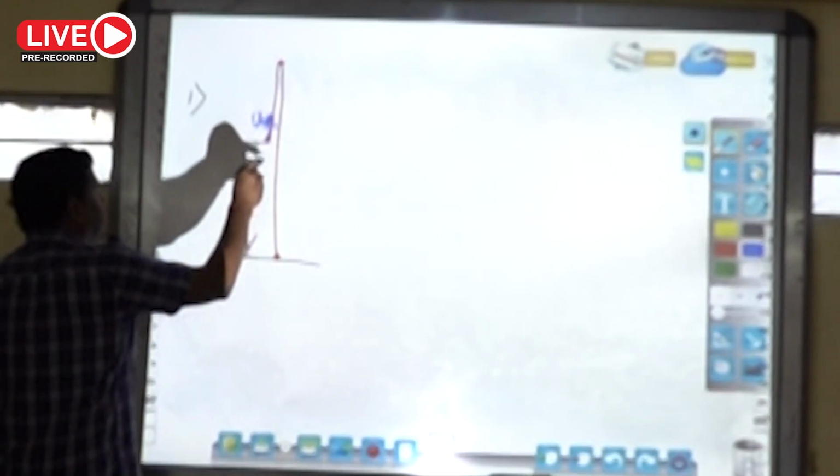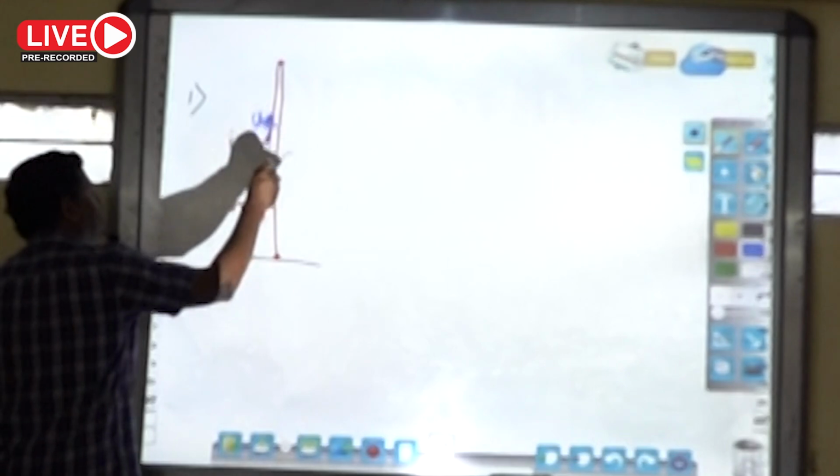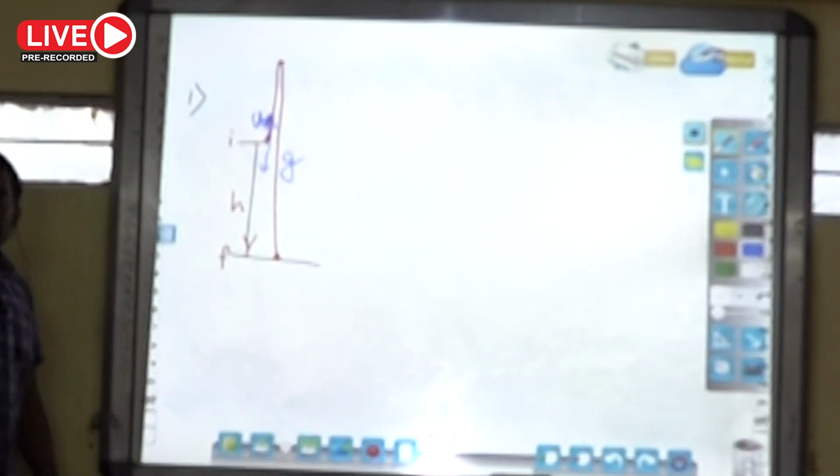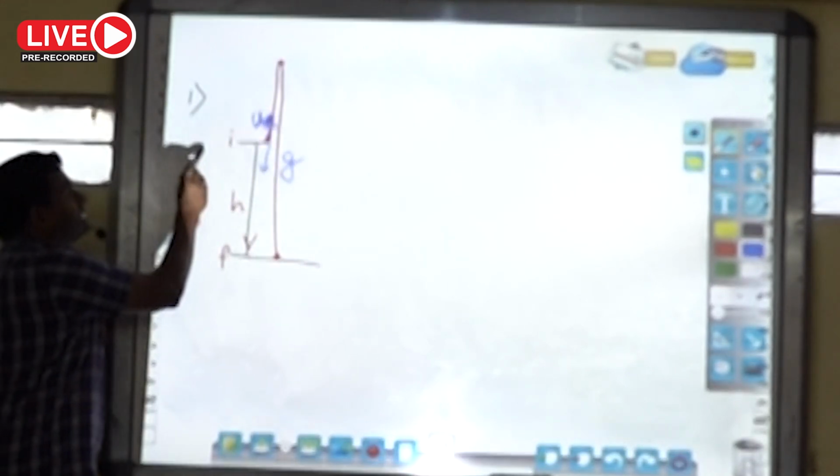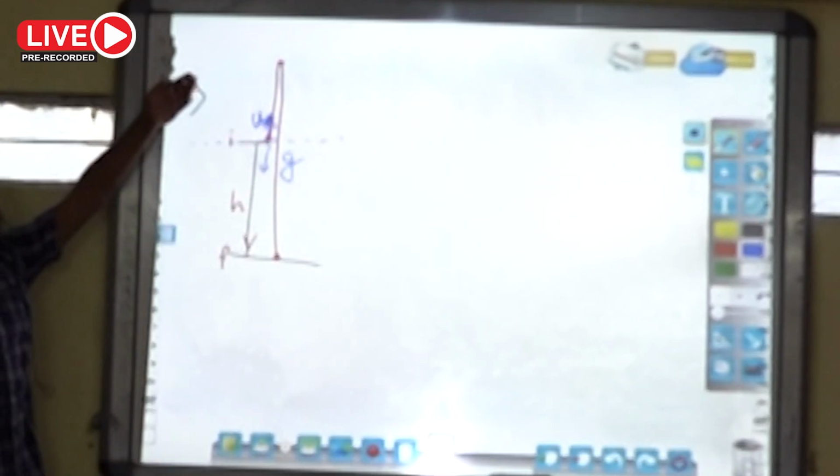So in the entire path, the direction of acceleration is also down. So let us consider this is the x-axis of the coordinate system. Quantities directed above the x-axis are positive. Those directed downward from the x-axis are in the negative direction of the y-axis, so for those quantities I will put a minus sign.